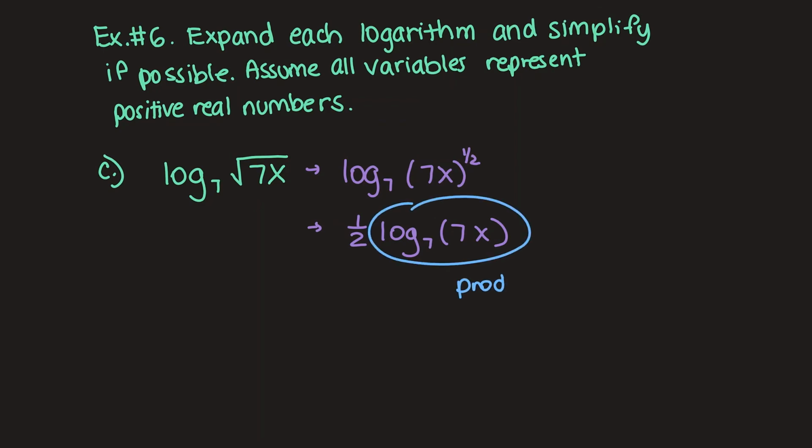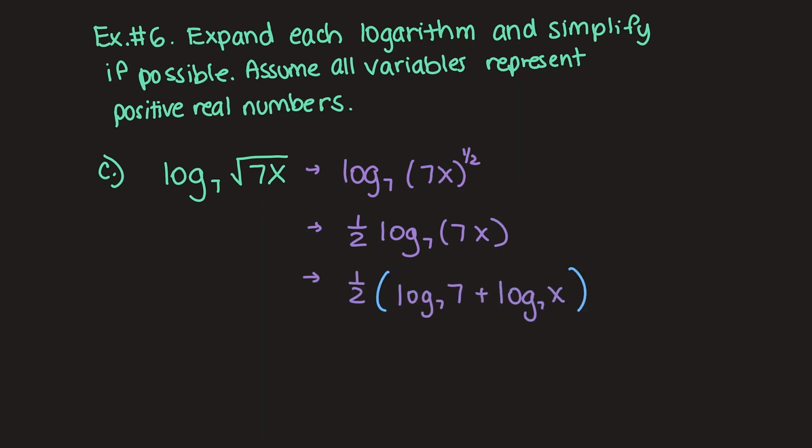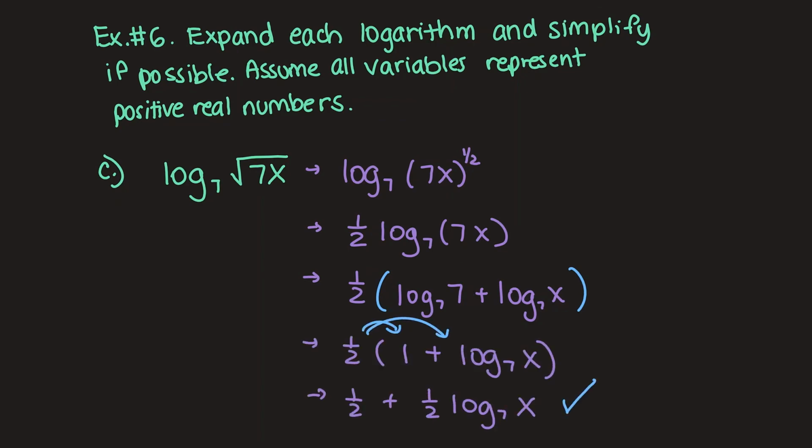Then we use the product rule for log base 7 of 7x, so we can write this as log base 7 of 7 plus log base 7 of x. And be sure to include parentheses since the entire expression is being multiplied by 1/2. And finally, we can simplify log base 7 of 7, which is just 1. Distribute the 1/2, and we have 1/2 plus 1/2 times log base 7 of x.